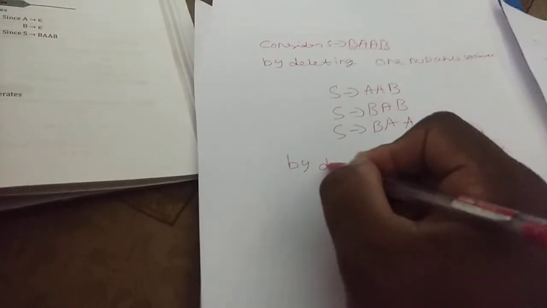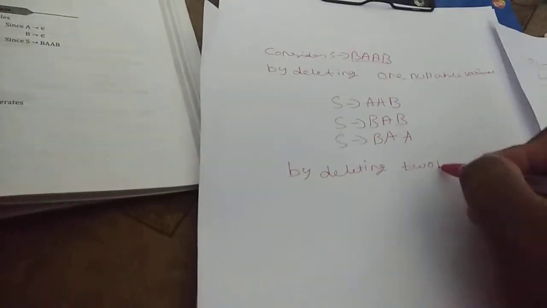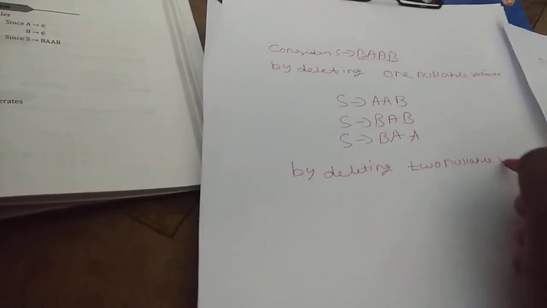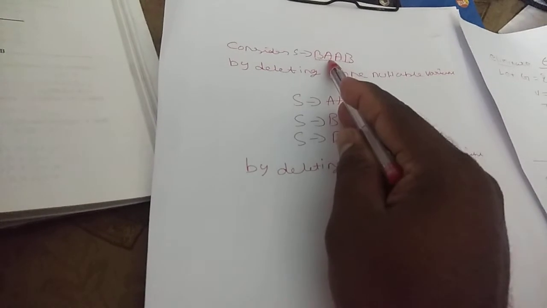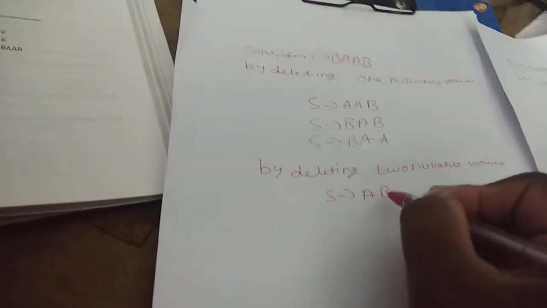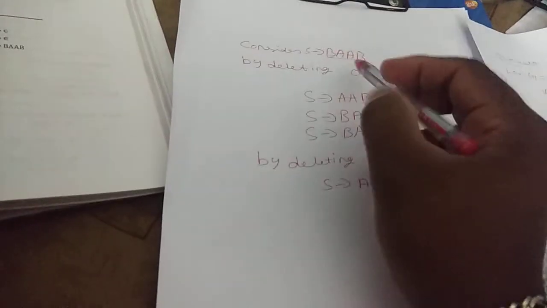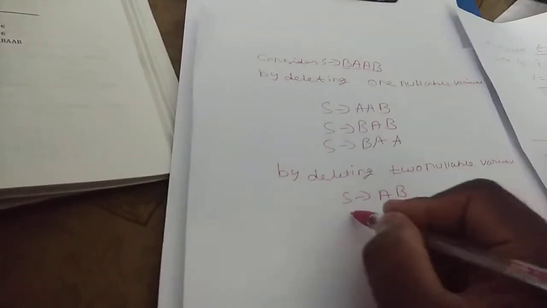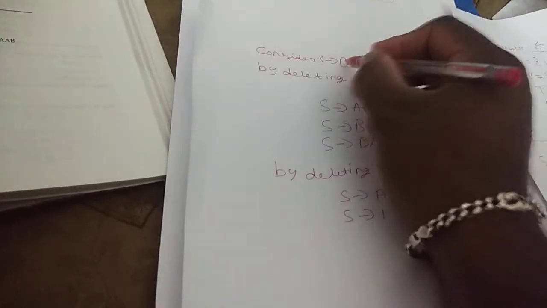Second, by deleting two nullable variables. If these two are epsilon, deleting two nullable variables, you will remain with S tends to AB. If you delete these two nullable variables, you will remain with BB.